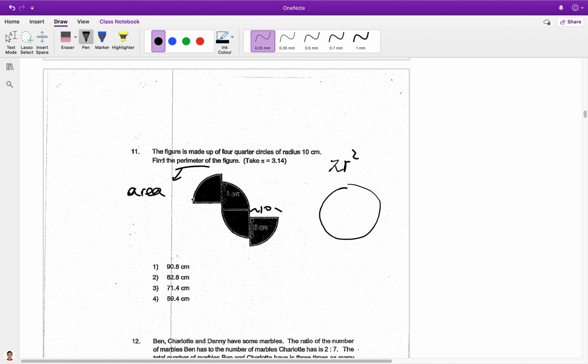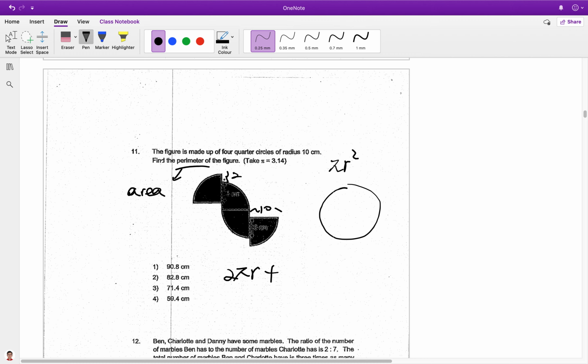So here for the curved ones, this one, this one, this one, and this one, this forms the circle, so it gives 2 pi r, right? What's the rest? This part, we know this is 8, this is 10, so this part is 2.